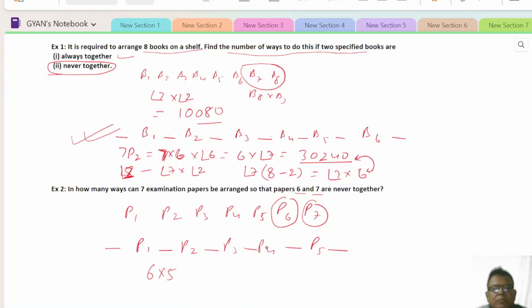And P1, P2, P3, P4, P5 can be arranged in factorial 5 ways. So that is factorial 5 into 6 into 5, and this is the answer.